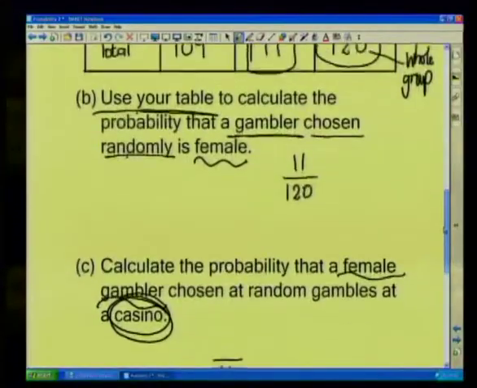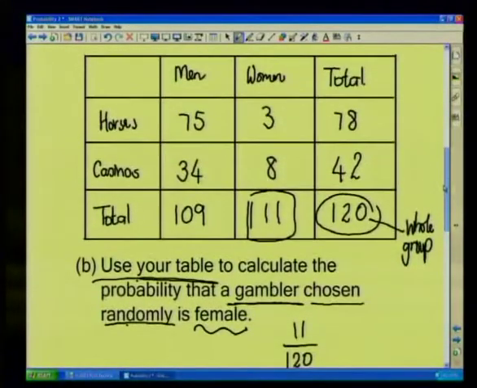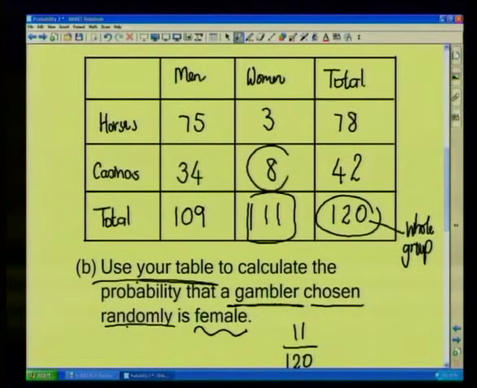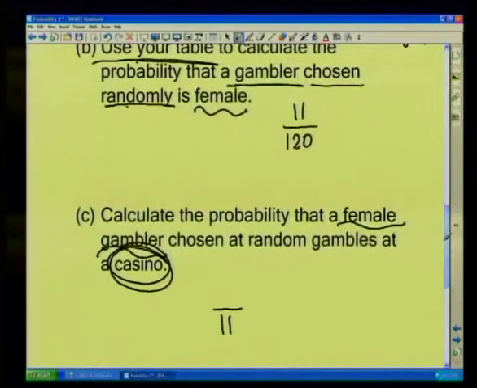So therefore, if I chose one of those 11 women at random, what are the chances that they gambled at a casino? So let's go look at our table and see how many women gambled at a casino. It was 8 of them. So therefore, 8 out of 11 is my probability that I will get a female gambler that is gambling in a casino.